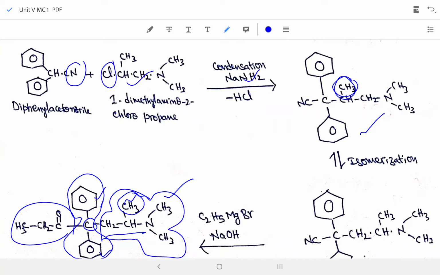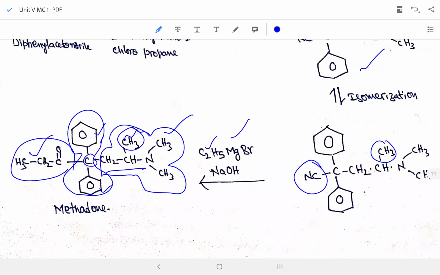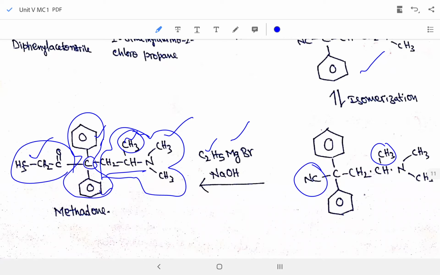By using a suitable isomerization technique, this CH3 is moved here. Then we add Grignard reagent, ethyl Grignard. Then by alkali hydrolysis with sodium hydroxide, in place of this nitrile group, the cyanide group, we will get a propionate side chain attached, and finally we will get methadone.